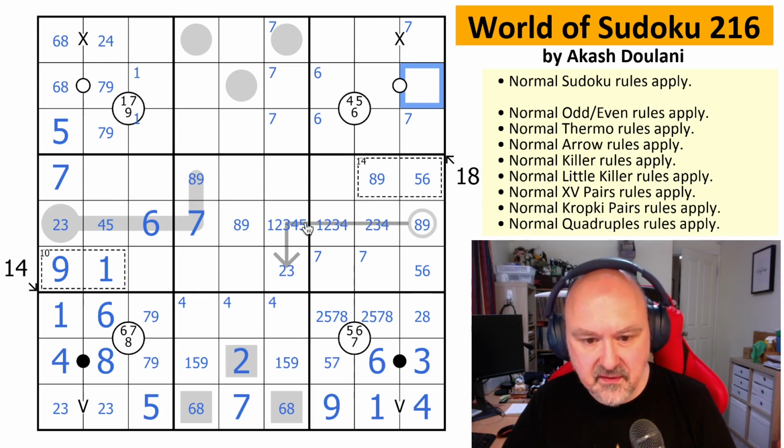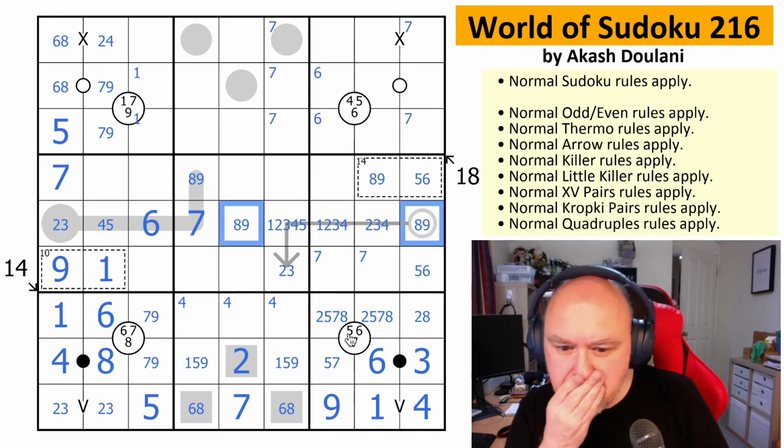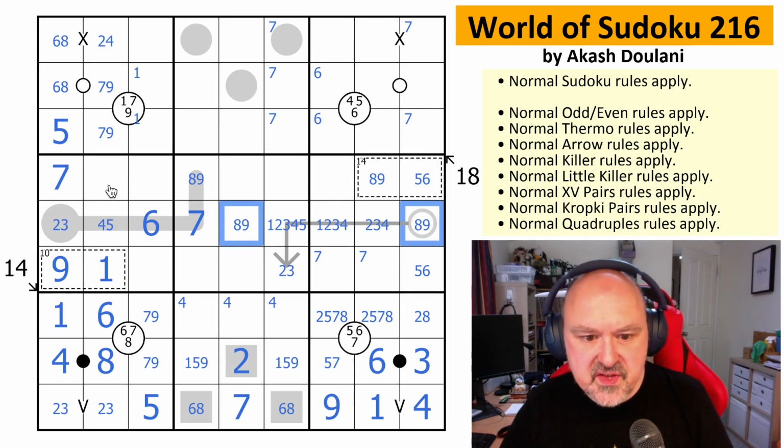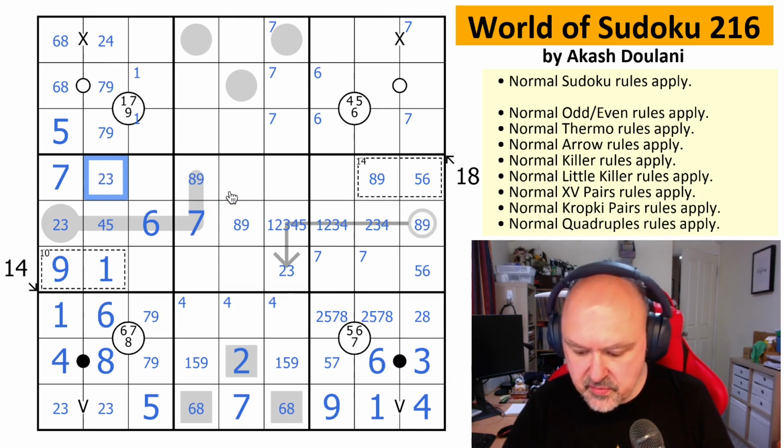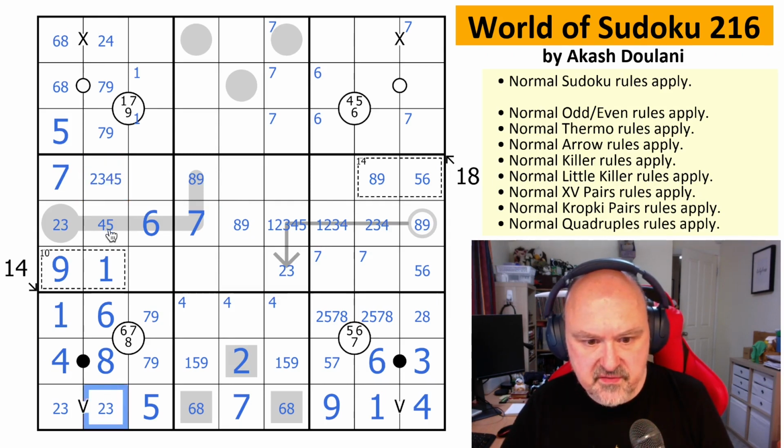Odd, but fun. This is an 8, 9 pair. So this must be 1, 2, 3, 4, 5. This is 2, 3, 4, or 5. Just from what is missing in the column.